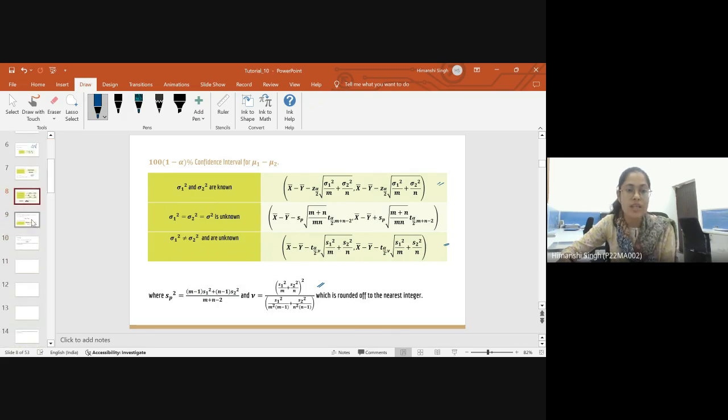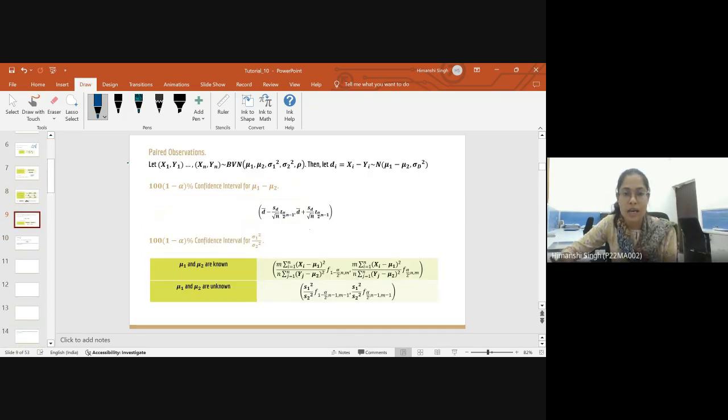Apart from this, for example, I have paired observations (x1, y1), (x2, y2), up to (xn, yn), which follow the bivariate normal distribution with mu1, mu2, sigma 1 square, sigma 2 square, and rho. In that case, I'm interested in the difference di equal to xi minus yi, and I want to find the confidence interval for mu1 minus mu2.